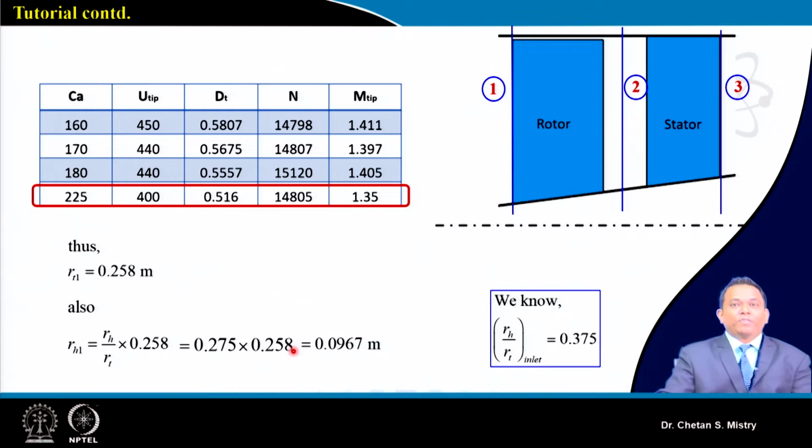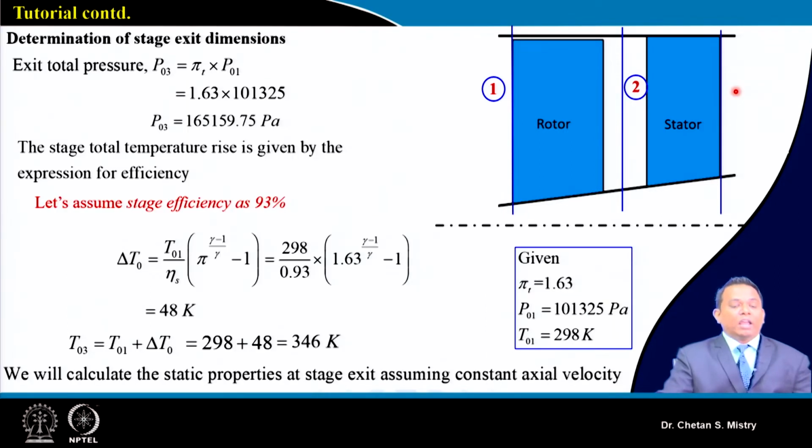We need to do our calculation at station 3, because the per stage pressure rise is given to us. Okay, so let's see how to do that calculation.